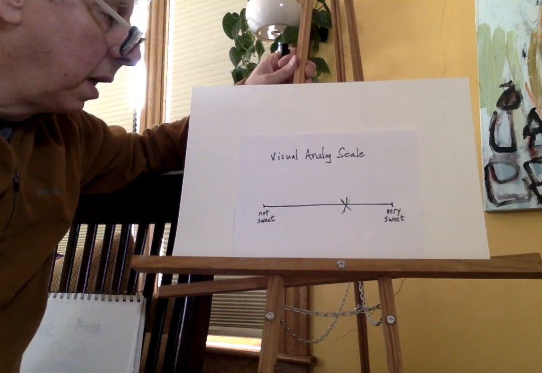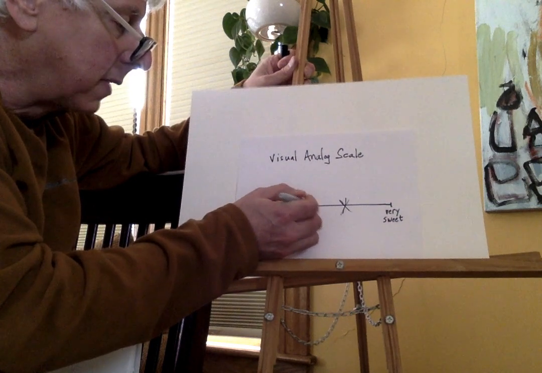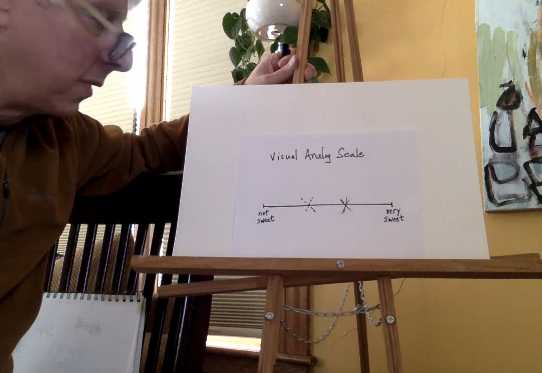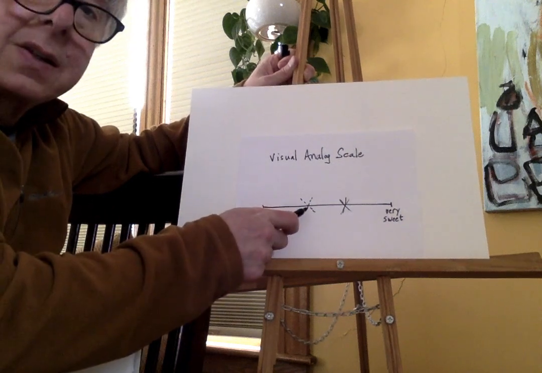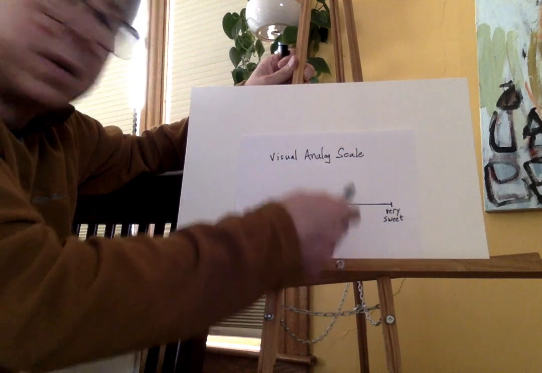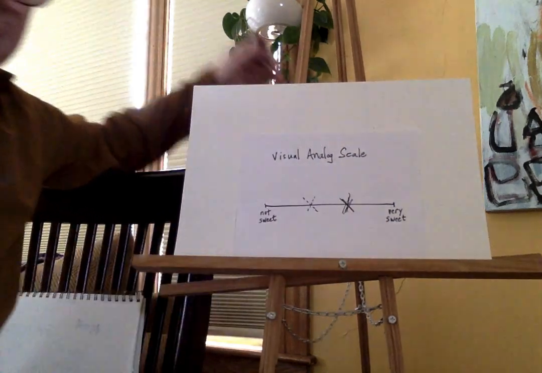And somebody else might drink the solution, and they would put an X here, right? And so this person with the dotted X thinks that it doesn't taste as sweet as the person with this bold X here thinks it's very sweet.